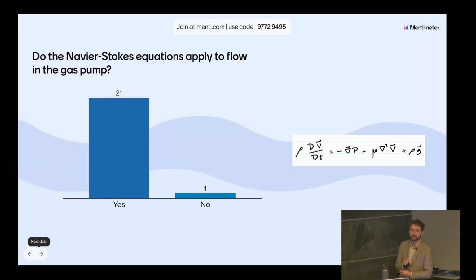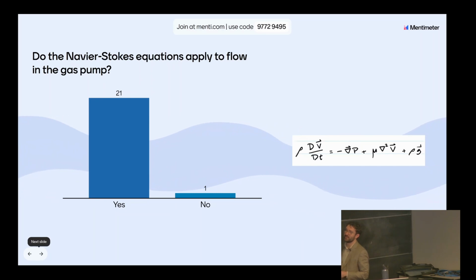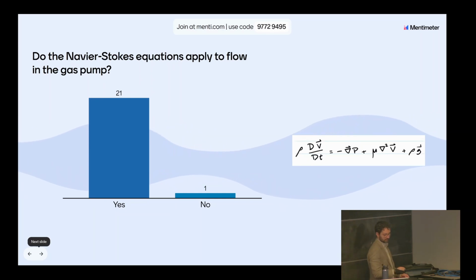Because it might help some other people too. No, that's fine. So yeah, the Navier-Stokes equation applies to every fluid. It's the most fundamental equation. What I've written here is the Navier-Stokes equation for an unsteady, incompressible fluid with frictional effects, pressure gradients, and gravity effects in there. So that is basically the governing equation for flow in that gas pump. So I would say yes, it definitely applies.